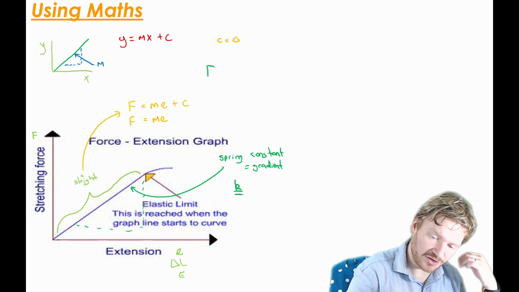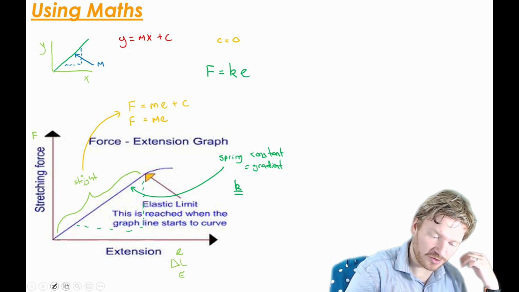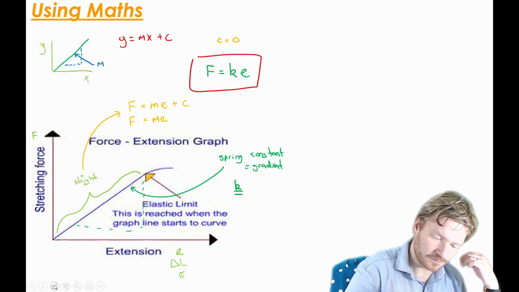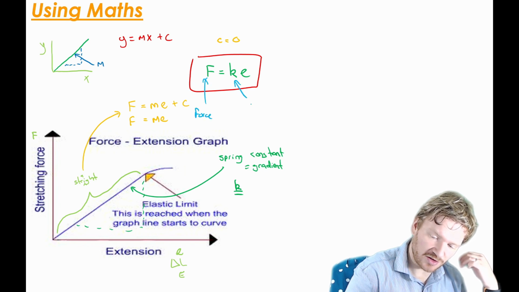So my final equation is going to be the force on my spring is equal to some constant multiplied by the extension of the spring. I'll just label those. So this is the force, this is the spring constant, and e is my extension.